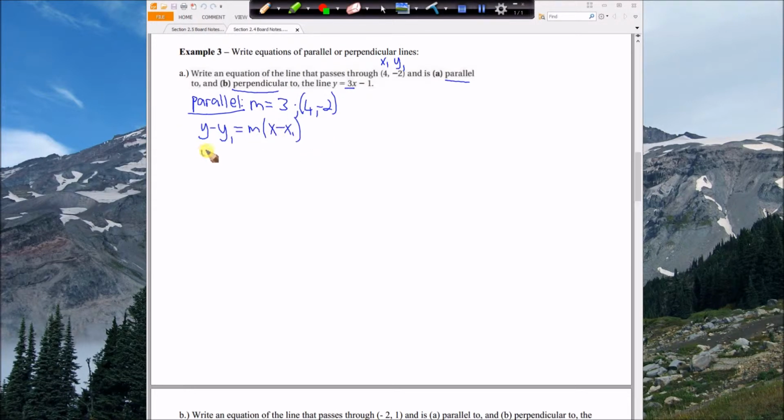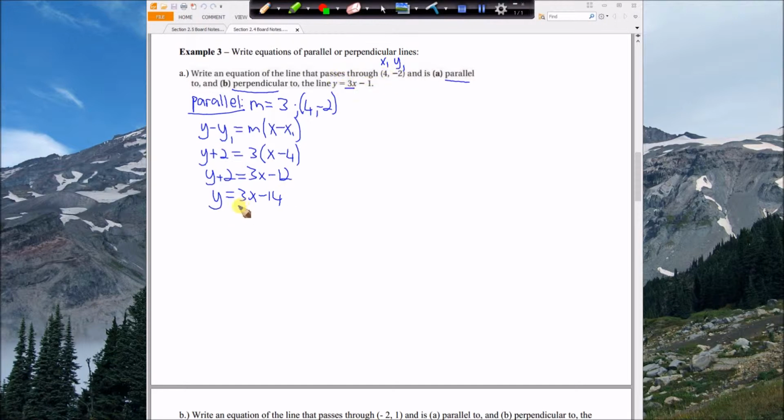All right, so in this case y1 is negative 2, so it becomes y plus 2 equals the slope times x minus 4, and do some simplification. Distribute that through there and take away the 2 both sides, and so you end up with y equals 3x minus 14. Okay, so that's the line that's parallel to this line that passes through this point.